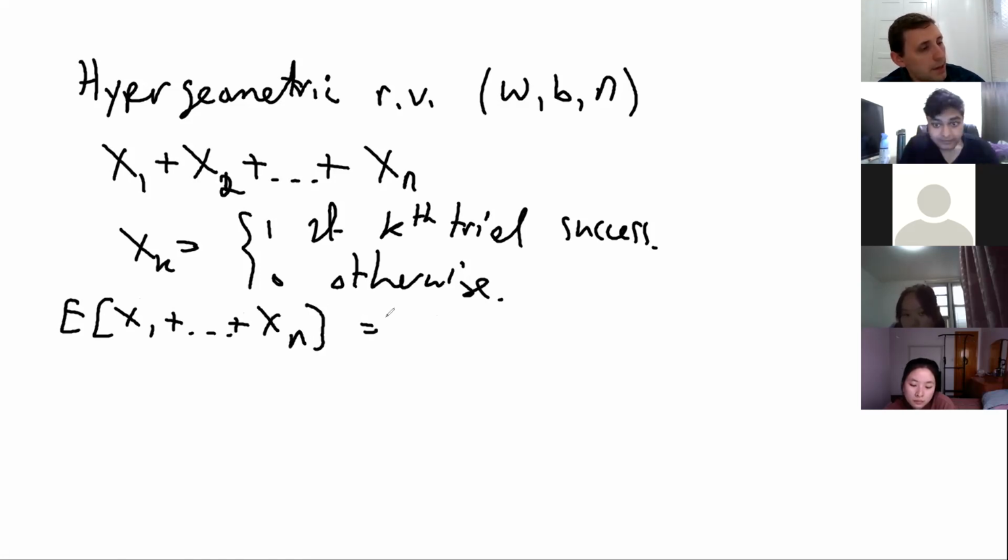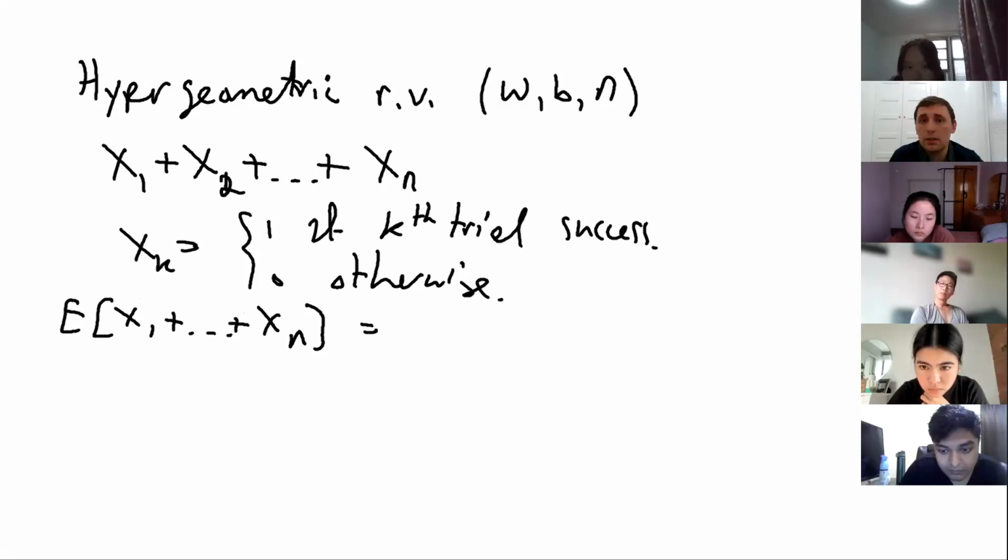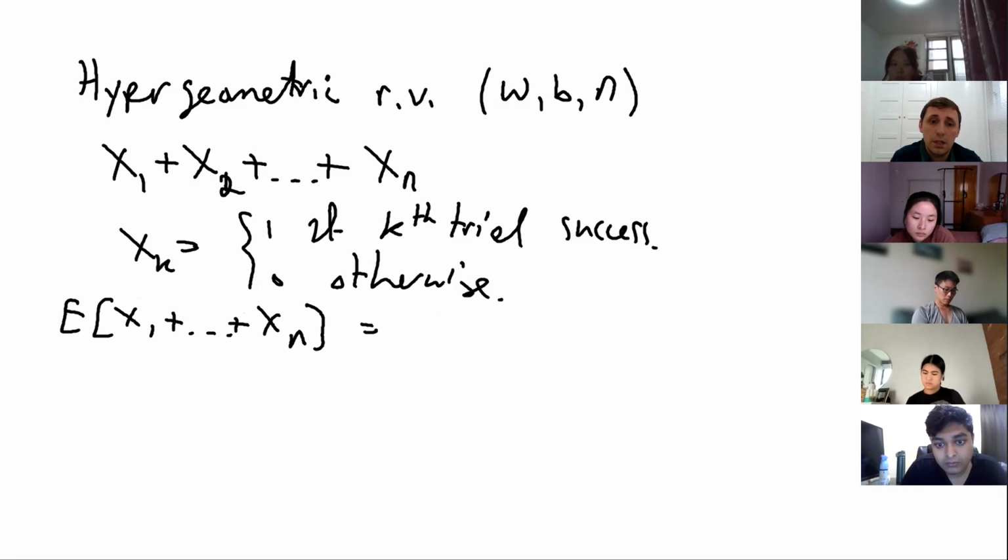It's just the same. Guys, you see, the random variables, let me just ask you this question. X1, X2, X3, are they dependent or independent? In other words, will a success on the first trial influence the likelihood of success on the next trial?